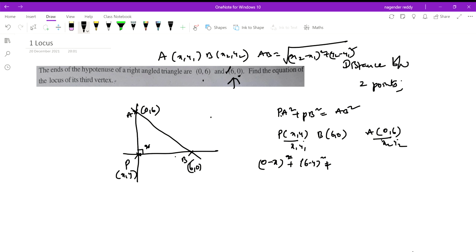PB is the same: with (x1, y1) and (x2, y2), that is (6 minus x) whole square plus (0 minus y) whole square, is equal to AB square. AB square means these two, same: (0 minus 6) whole square plus (6 minus 0) whole square.